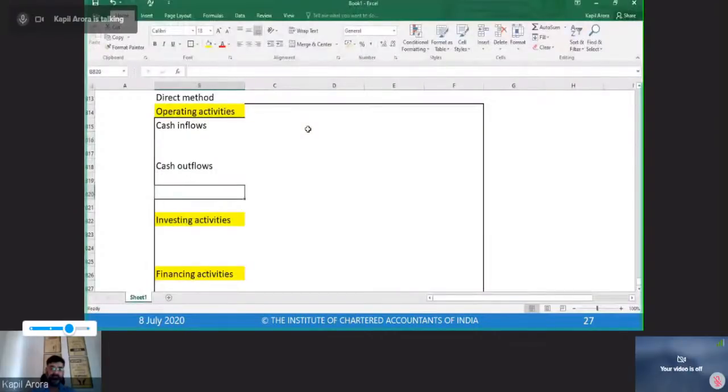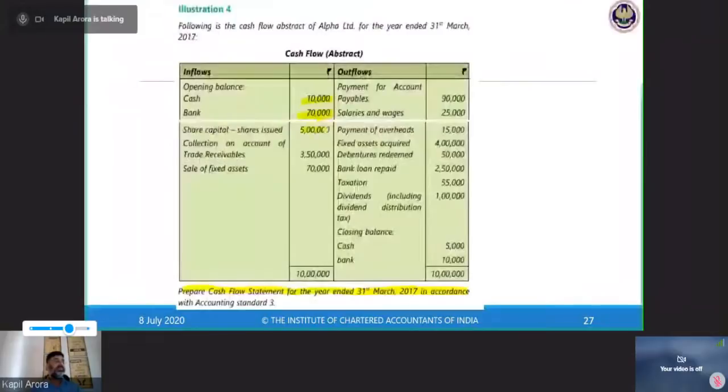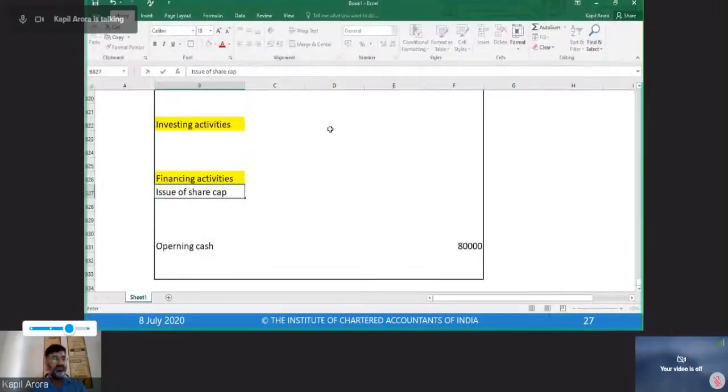Opening cash balance is 80,000, that is 10,000 plus 70,000. Now share capital issued. Since we know that issue of share capital is bringing in the fund, it will be treated as financing activities.